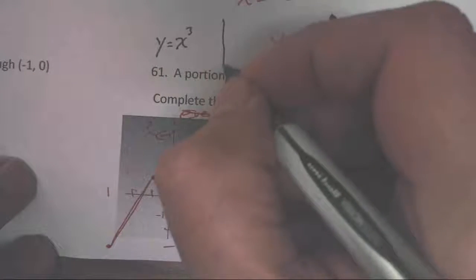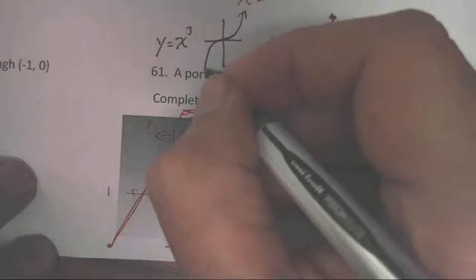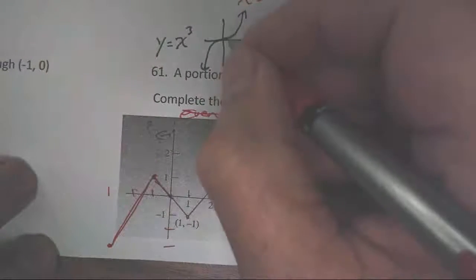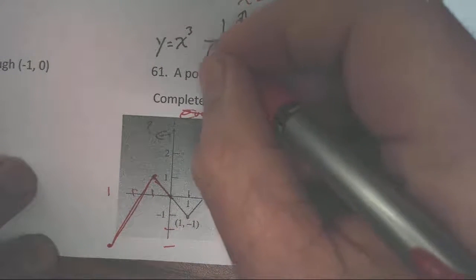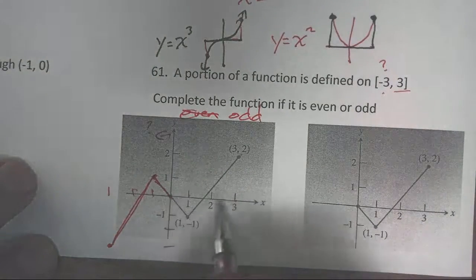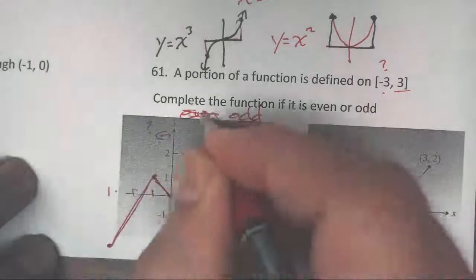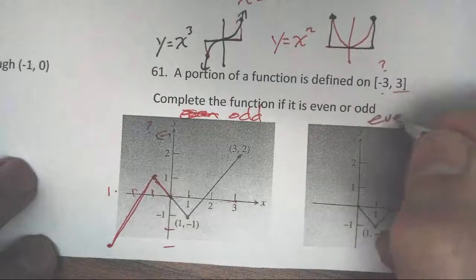Backtrack here. An odd function like y equals x cubed, the height to the right is the opposite of the height to the left. So let me backtrack on this. I apologize. If my height to the right is up 3, my height to the left should be down 3. So there's the odd function.